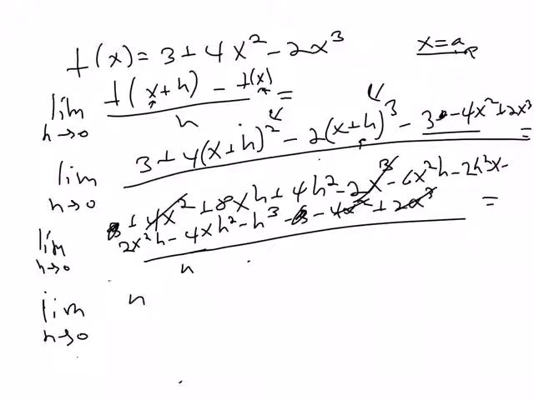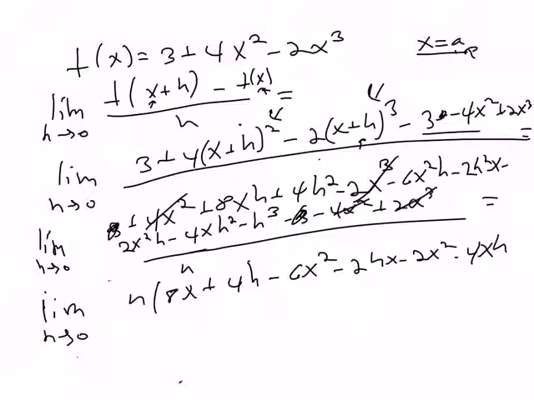So h times 8x plus 4h minus 6x squared minus 2hx minus 2x squared minus 4xh minus h squared. That's it. All this over h.